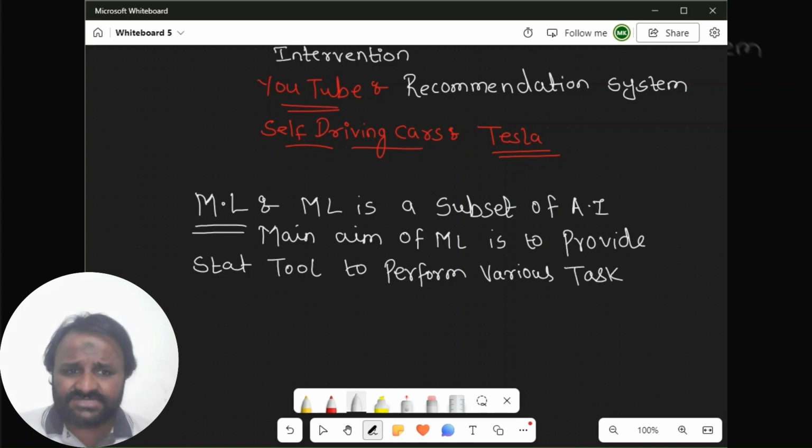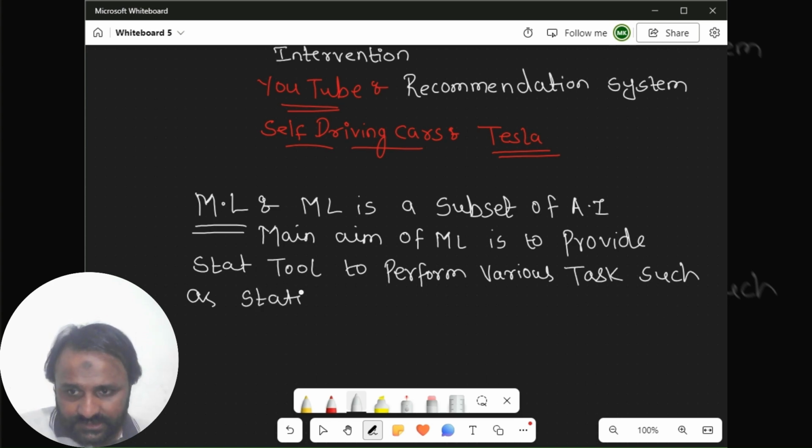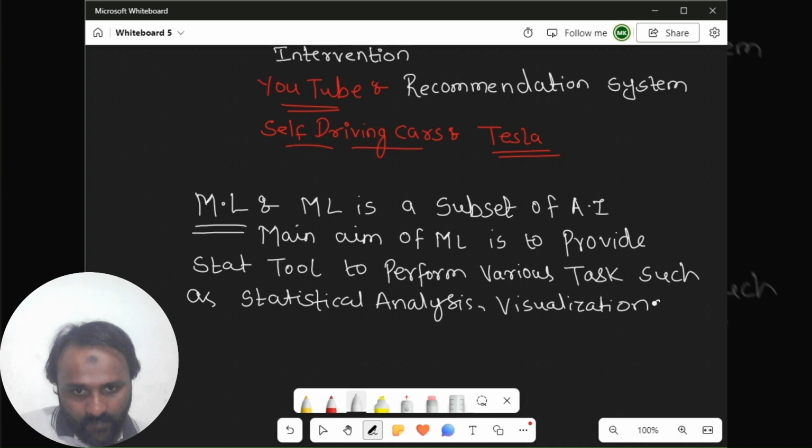Such as statistical analysis, visualizations, then EDA or exploratory data analysis, and feature engineering.